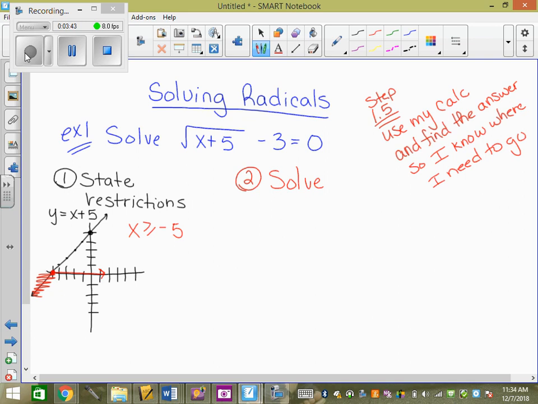So I always have the radical on one side and everything else on the other. So I'm going to technically have square root x plus 5 equals 3. And I'm going to y1, y2. So go ahead and type that into your calculator, y1, y2.